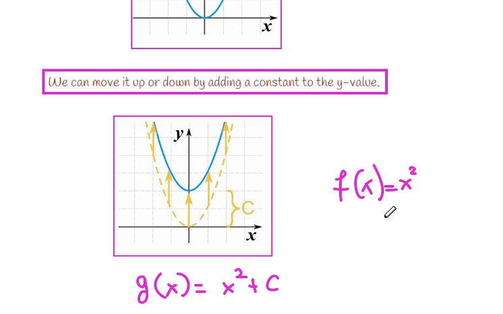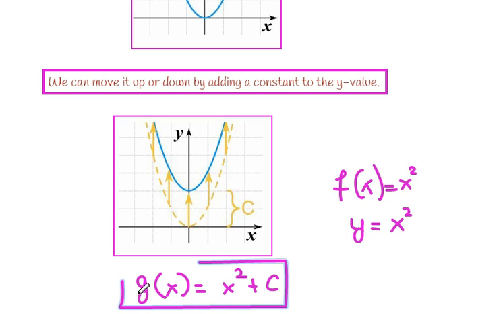As you know, you can just say f of x equal to y, it is the same as y equal x square. As I explained before as well, f of x is representing y. So what are you doing here? We are adding a constant in y. How? See here, y plus c. I'm adding c in y, so I have to balance on the other side as well, so I do x square plus c.